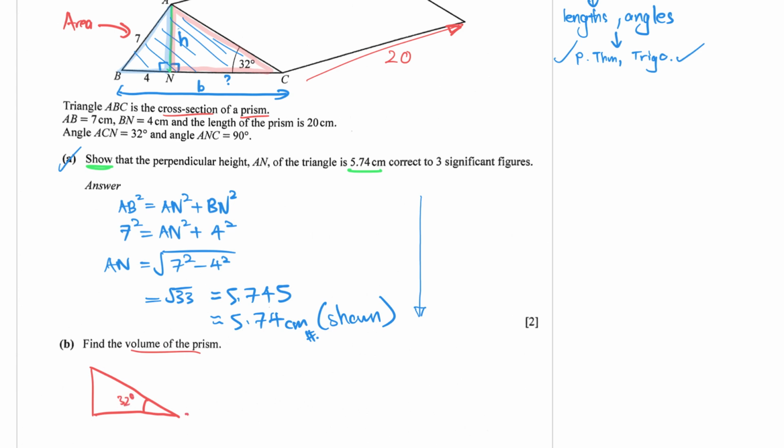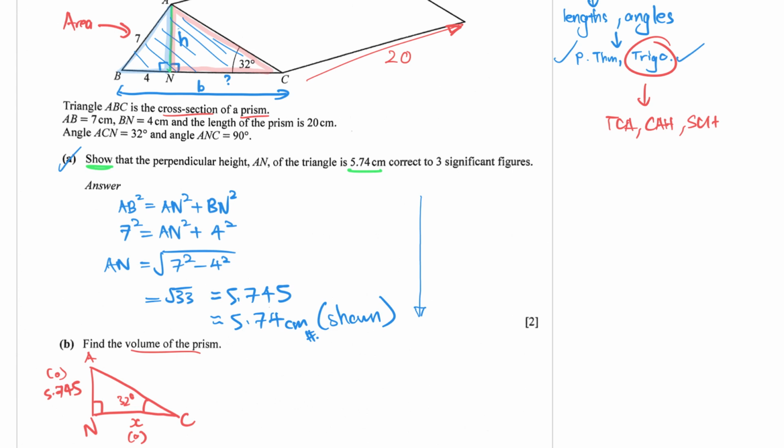32 degrees, CAN. AN is, I'm going to use the more accurate 5.745 here. It's right angle. So naturally, we are going to use Trigo now, which is SOH CAH TOA, to find our length of NC. Let's call it X, okay? So labeling, this is opposite to the 32, this is adjacent.